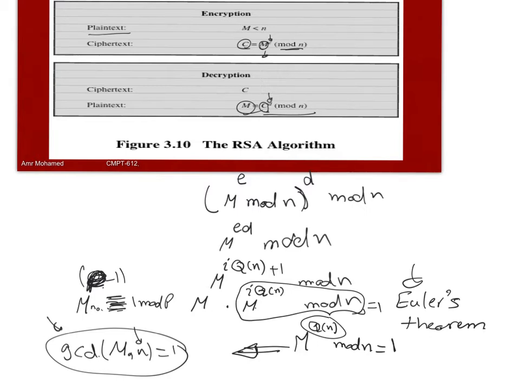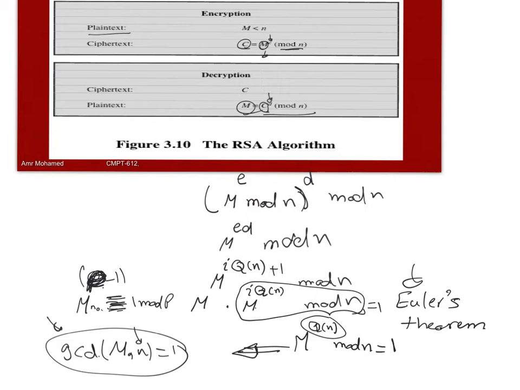So in practice, m has a huge amount of degrees of freedom that makes this condition valid. If p and q are avoided, then m can be any number.